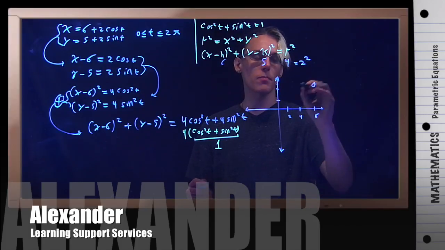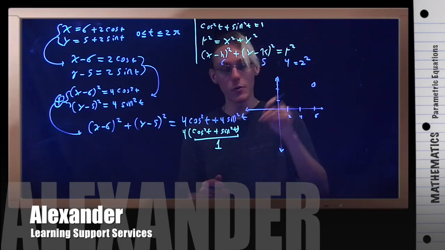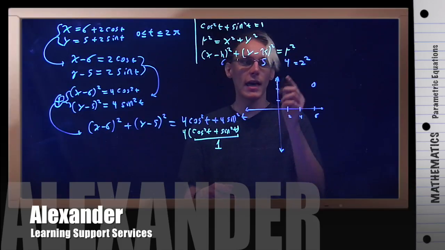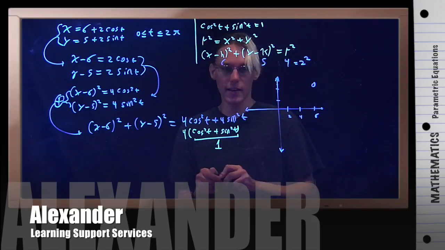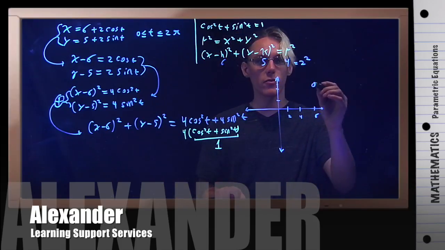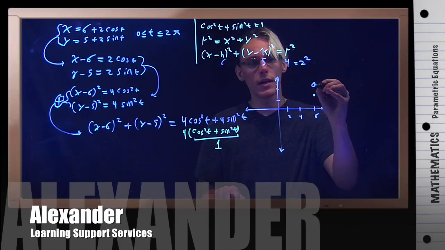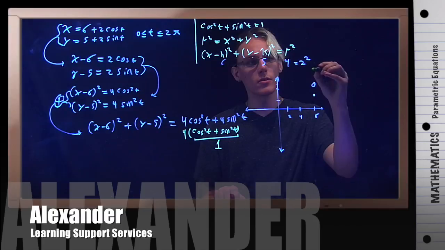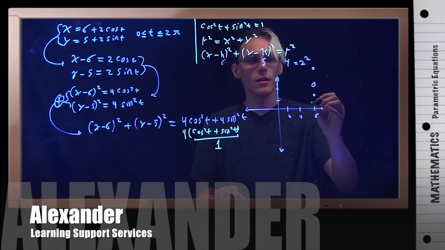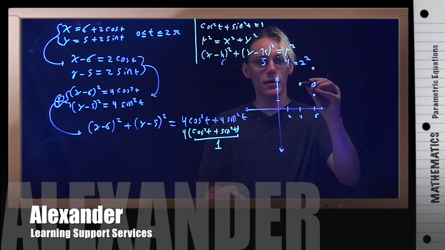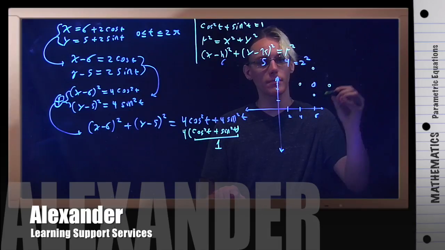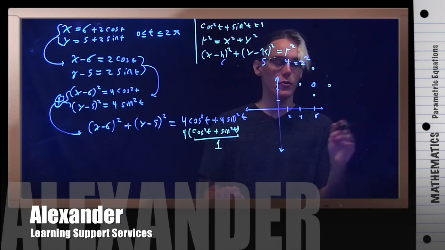Remember, the center is not actually part of the circle, but it's very useful for us for drawing the circle. And my radius is 2. So that tells me that I would go out 2 in every direction. So from 5, I would go down to 3 as far as the y is concerned. And I would go up to 8, so that would be about up here. And on the x-axis, I would go over to 4 and over to 8, barring my atrocious drawing skills.